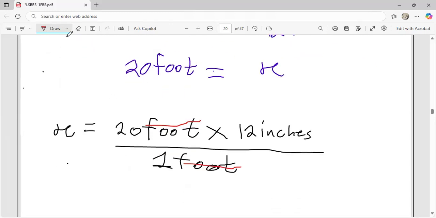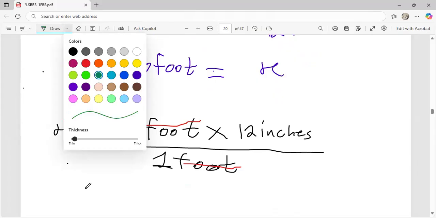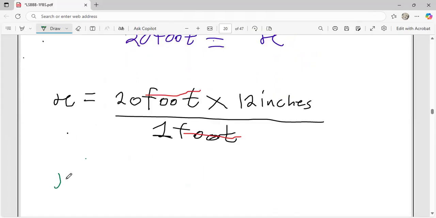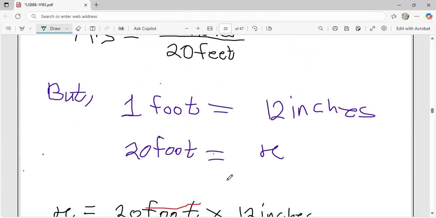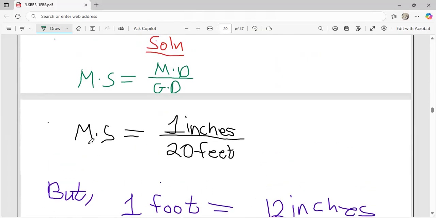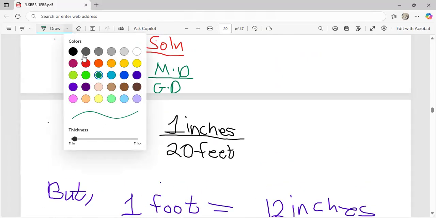So you realize that the value of our x is going to become 240 inches. Yes.